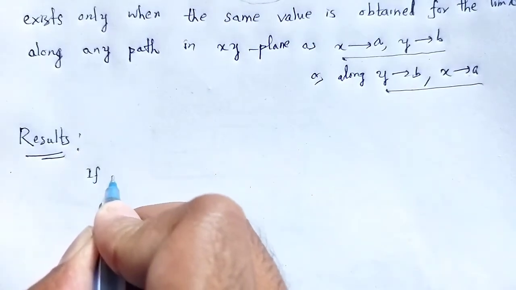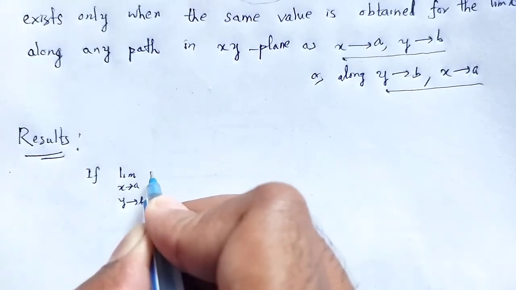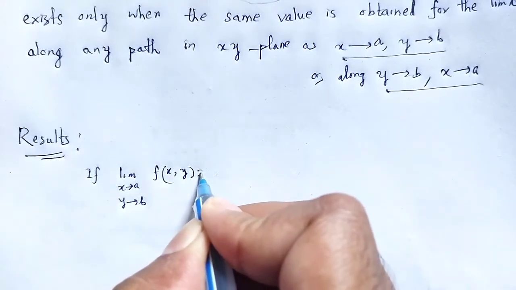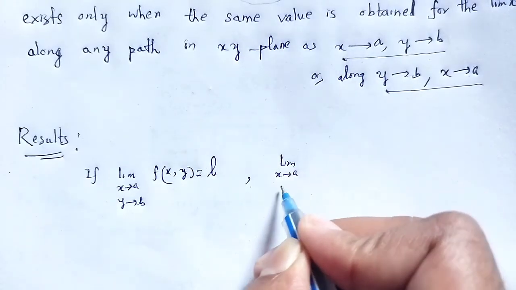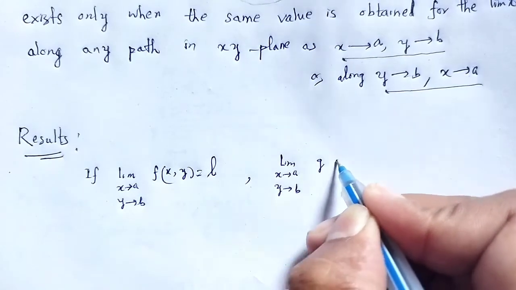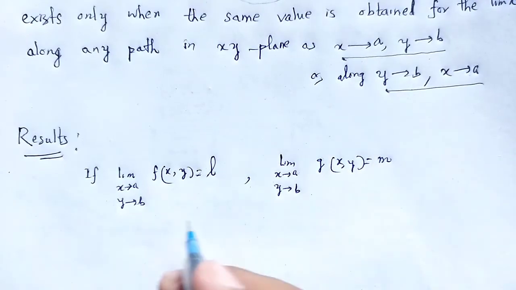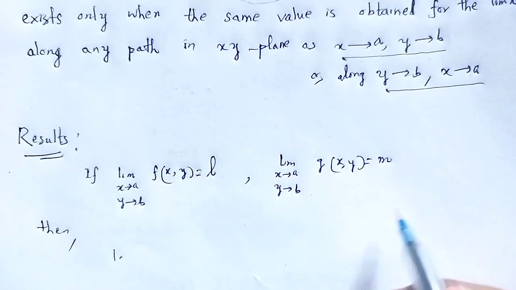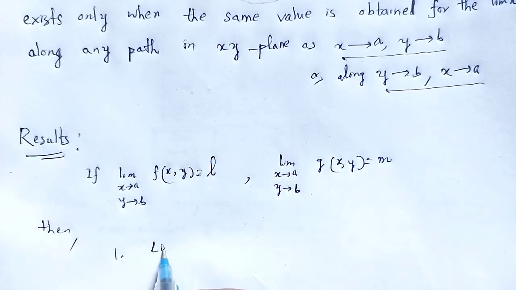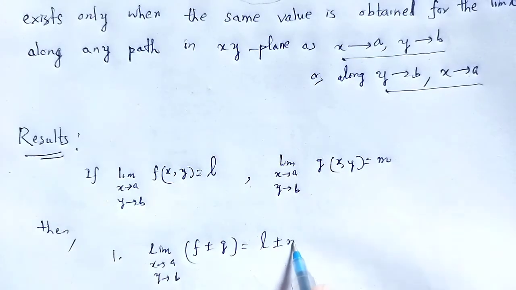If limit x tends to a, y tends to b, f of (x, y) is equal to small l, and limit x tends to a, y tends to b, another function g of (x, y) is equal to m, then the limit of f plus or minus g results in l plus or minus m.